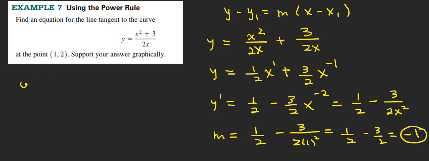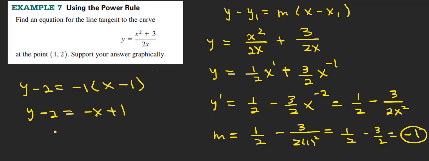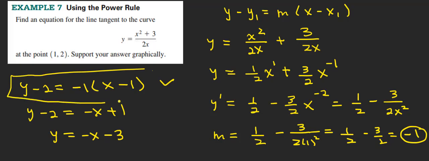You get y minus 2 equals negative 1 times x minus 1. And you could leave it like this, or if you want to go further, it will be y equals negative x minus 3. But this is good enough for the AP exam. I'm sorry, this should be positive 3. So it's y equals negative x plus 3.